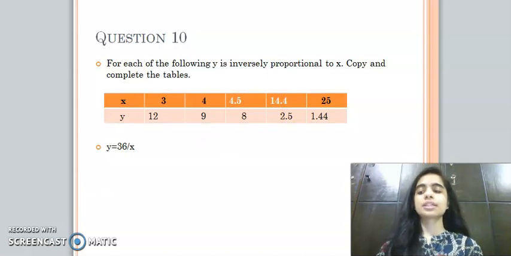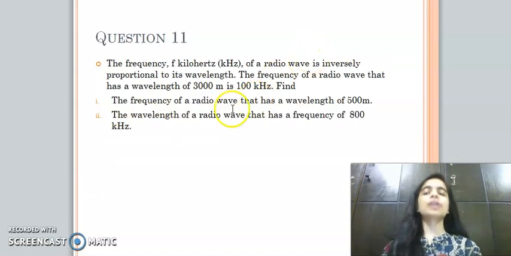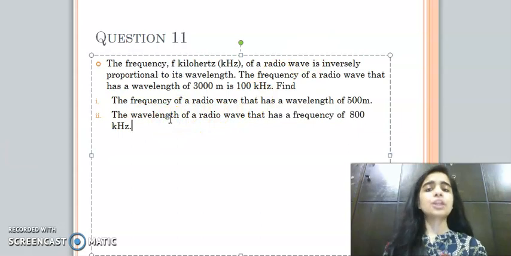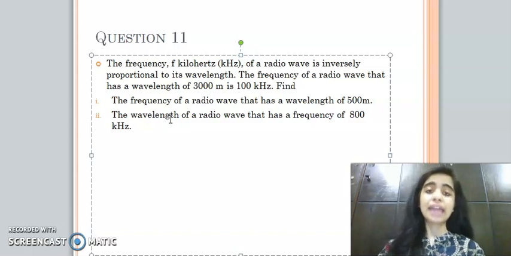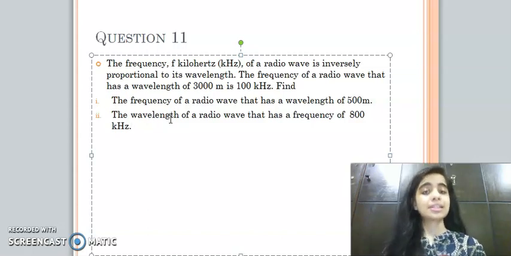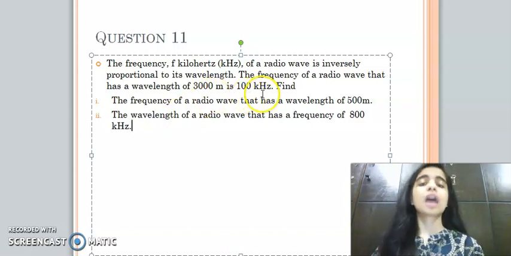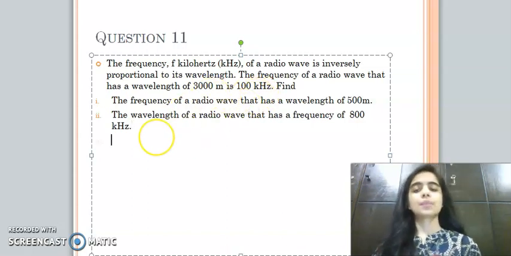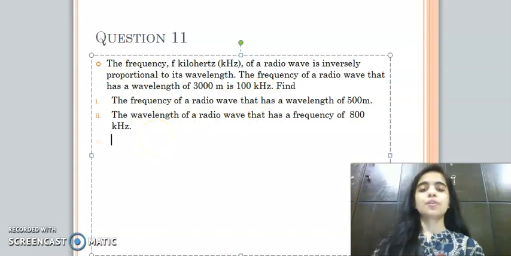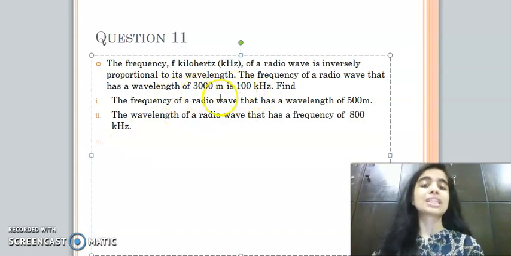Let's move towards the next question. So question number 11. The frequency f kilohertz of a radio wave is inversely proportional to its wavelength. The frequency of a radio wave that has a wavelength of 3000 meters is 100 kilohertz. Okay? So that means we will multiply these two quantities to find our constant ratio or the constant k.